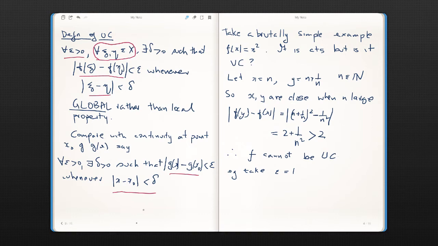So this is the local property, this continuity here, whereas uniform continuity, because it's talking about essentially the behaviour over a set, is a much stronger property.